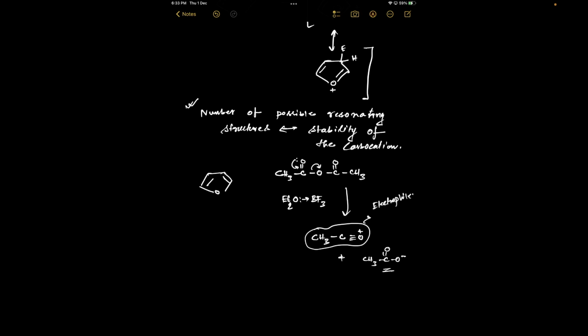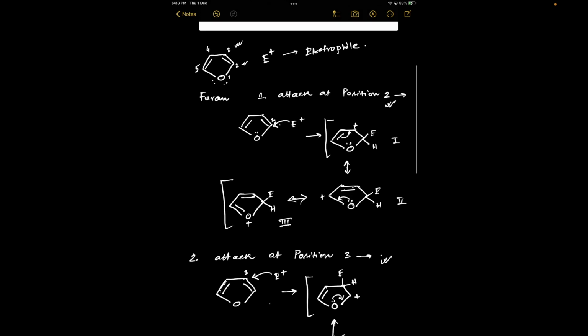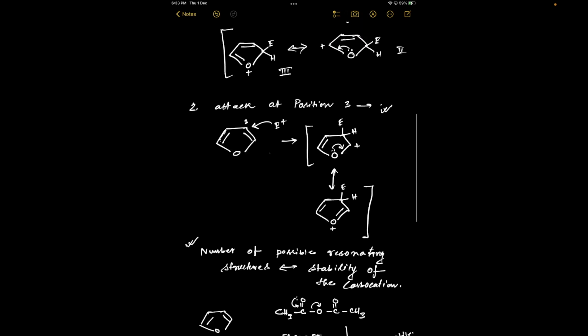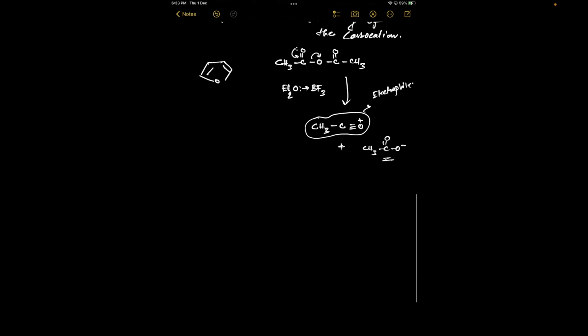So when we are saying the electrophile attacks at position 2, that means the pi bond actually donates its electron from position 2 to the electrophile. Okay, so just remember the term. So then the major product will be formed from position 2.